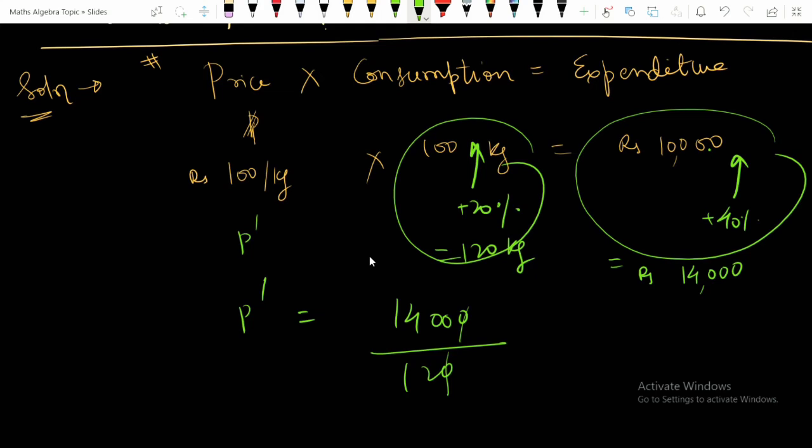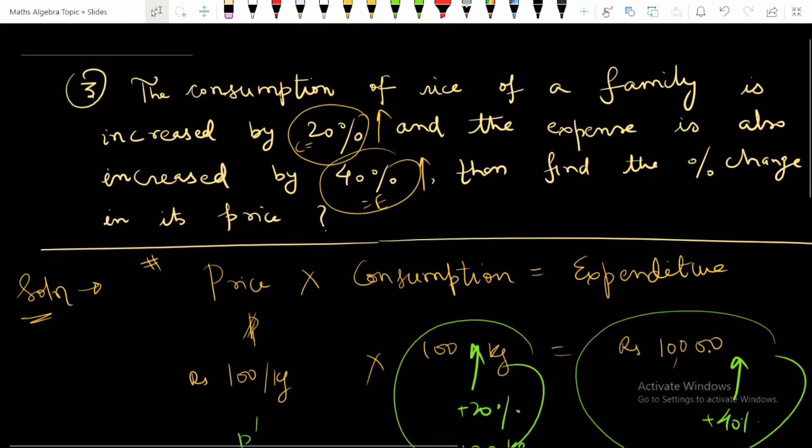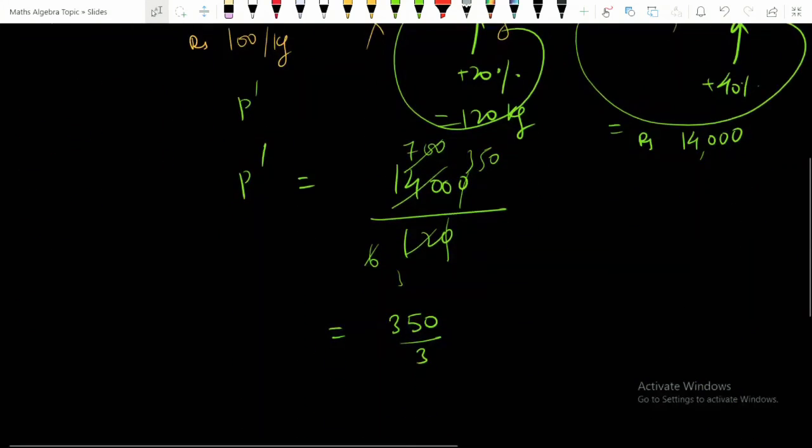So 14,00, 26, 27, 23, 2350, that is 350 by 3. So earlier it was P, now P dash equals 350 by 3.